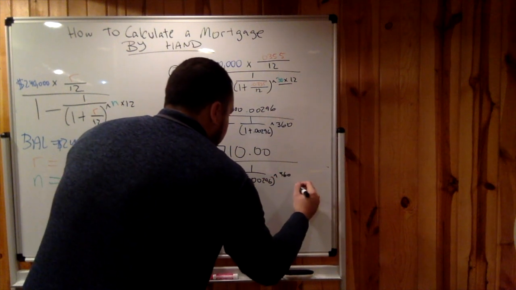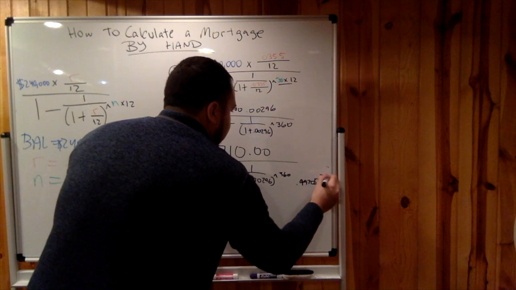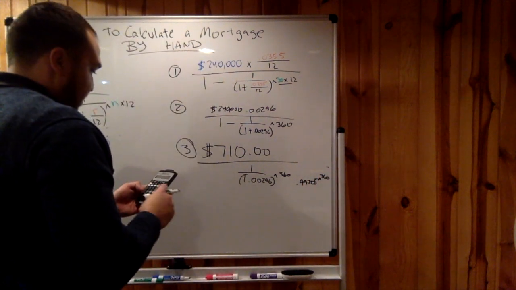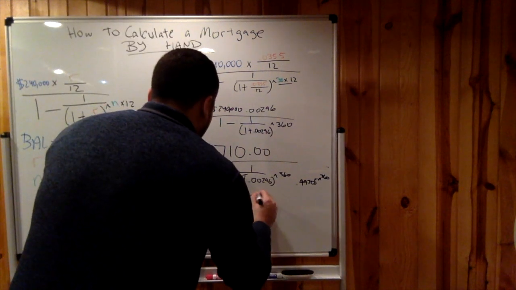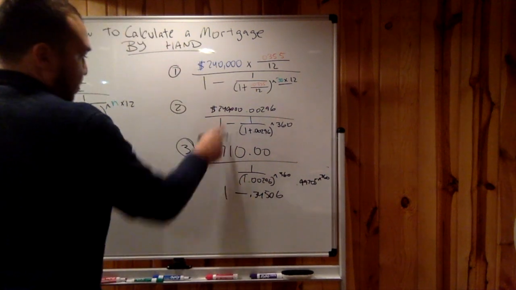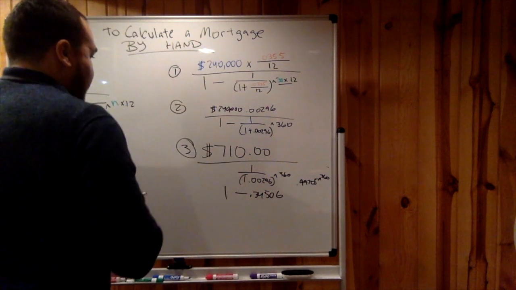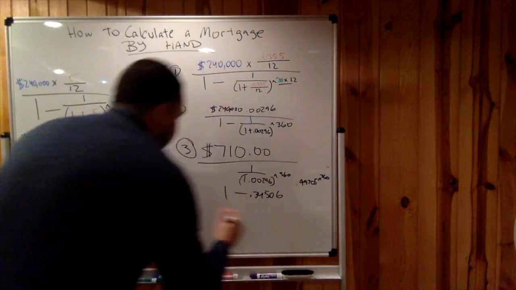So that's 0.99705 to the power of 360. And then we get that, and that's 0.34506. And then 1 minus that, we get 0.65494.